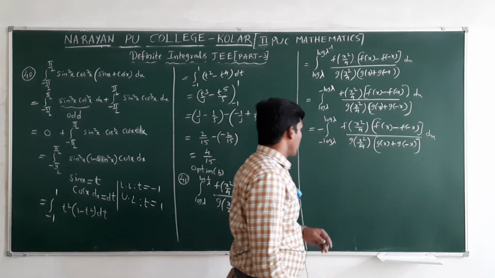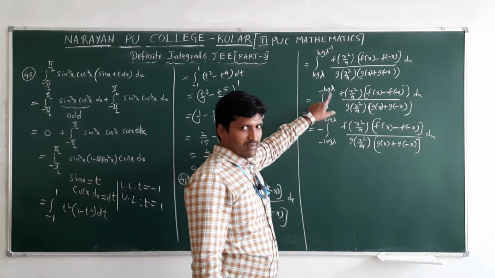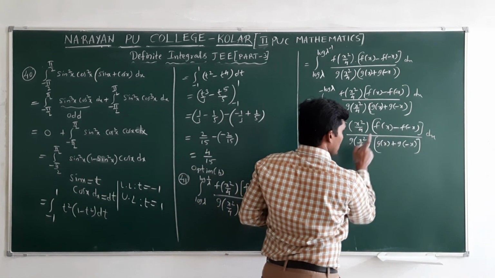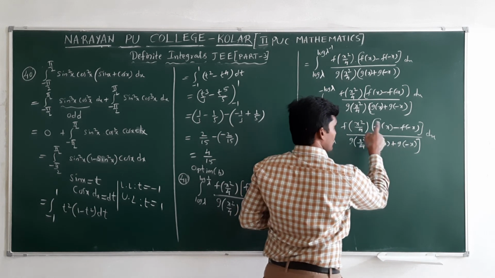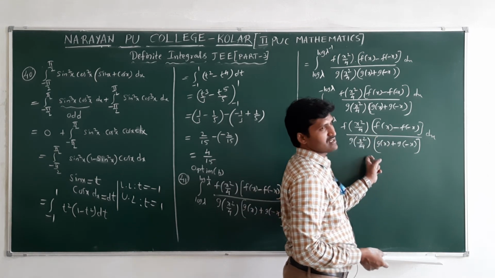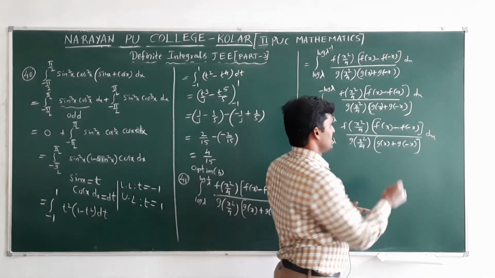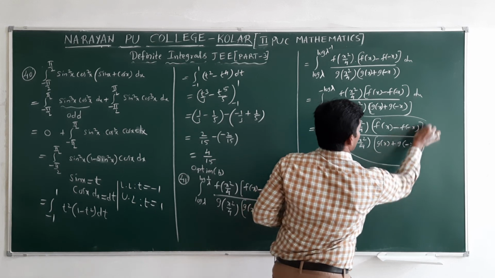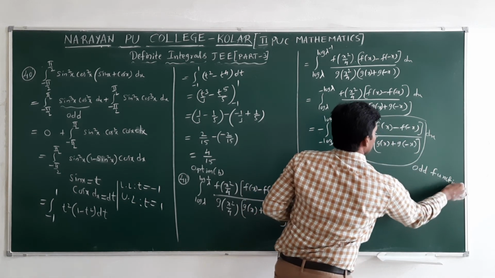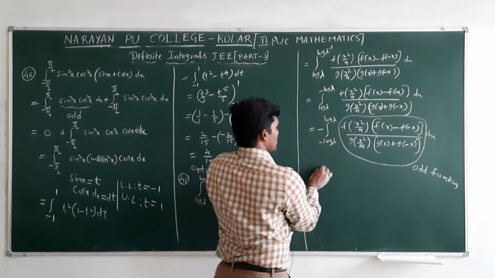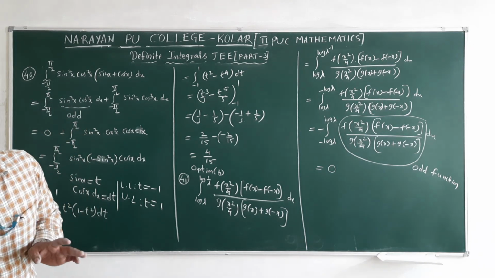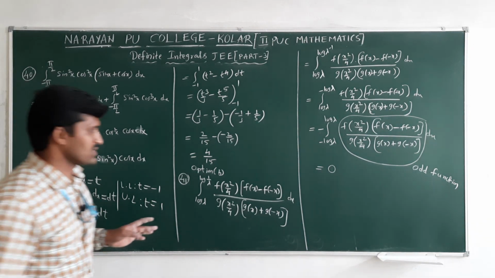Now I can check with the property integral minus a to a. This complete function is even, odd, even, even. So even means plus, plus into minus, minus by plus into plus. Total what will we get? Minus. So this complete function is clearly an odd function. For an odd function, according to integral minus a to a, the value is how much? 0 we will get. 0 means option C is the correct one.